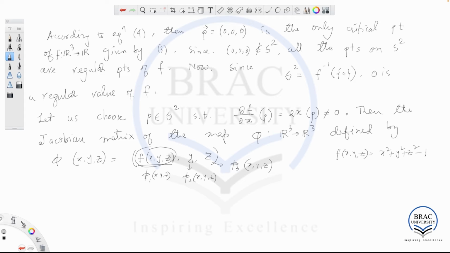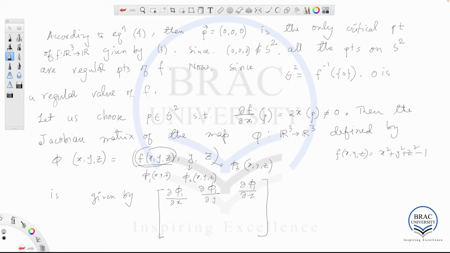So the Jacobian matrix of this map is given by: del phi 1 by del x, del phi 1 by del y, del phi 1 by del z, that's the first row.